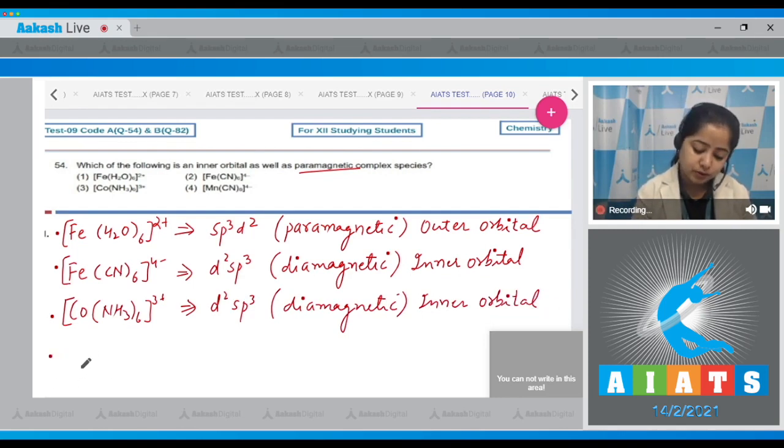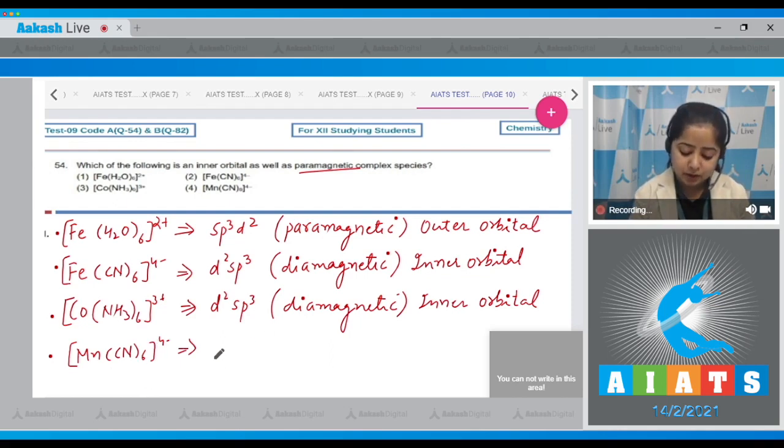Moving to the last option, this is [Mn(CN)6]4-. Here the oxidation state of Mn will be +2, and since CN is a strong field ligand, therefore pairing will take place. The hybridization of Mn here will become d2sp3, but there will be one unpaired electron left in this complex, since there are 5 electrons, and after pairing 4 electrons will get paired and 1 electron will be left unpaired.